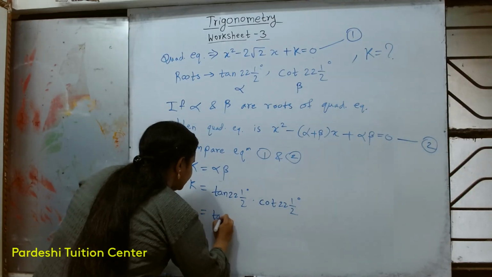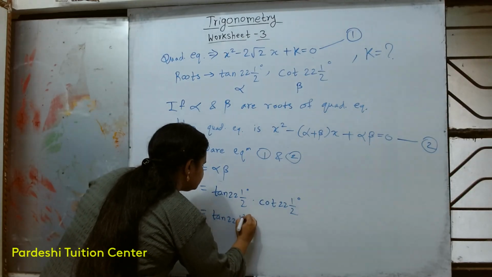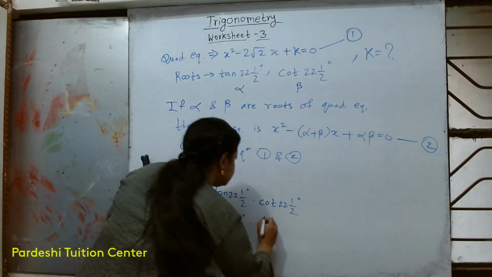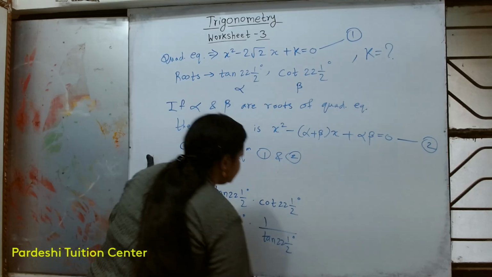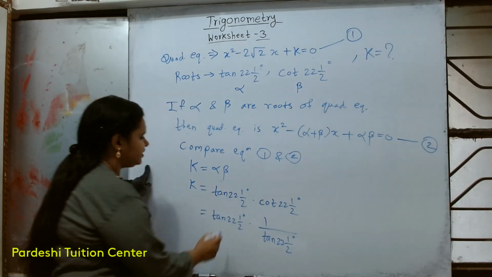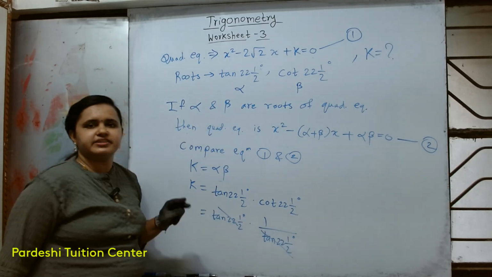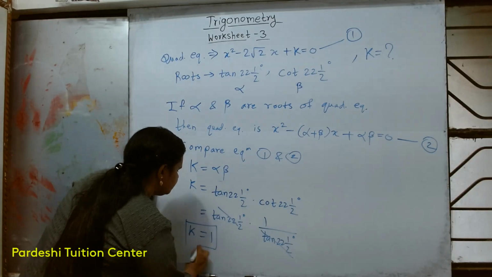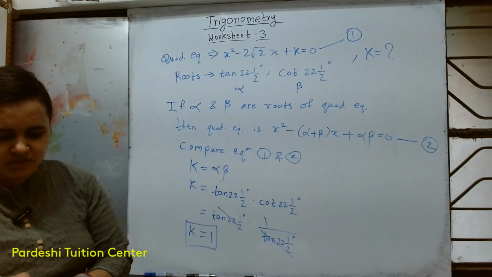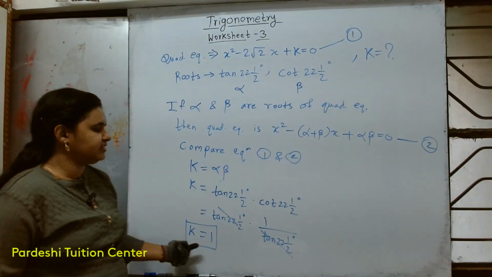So it will be tan 22.5 degrees into 1 upon tan 22.5 degrees. The tan 22.5 and tan 22.5 get cancelled and we get k equal to 1. Now, the answer to question 25 is k is equal to 1.